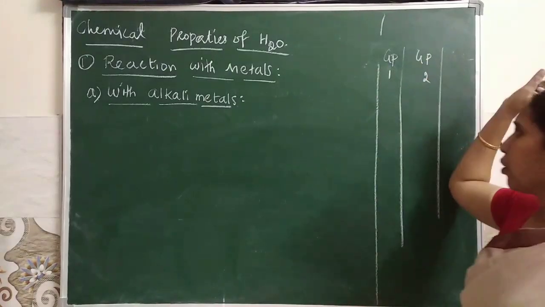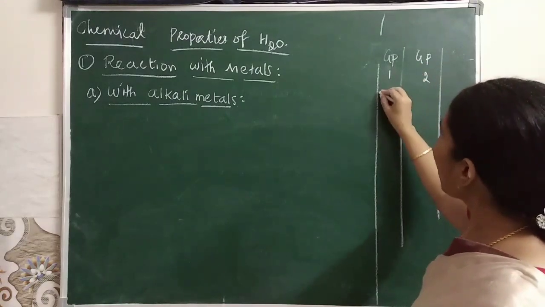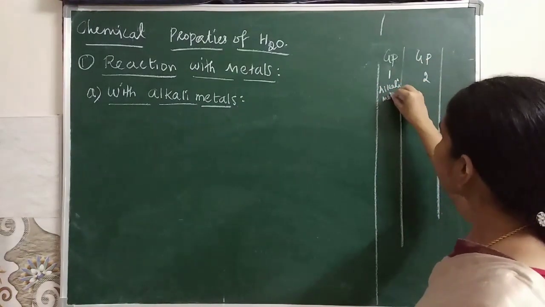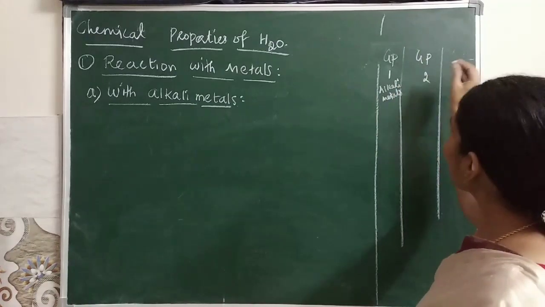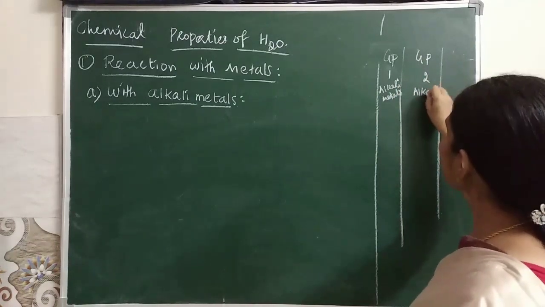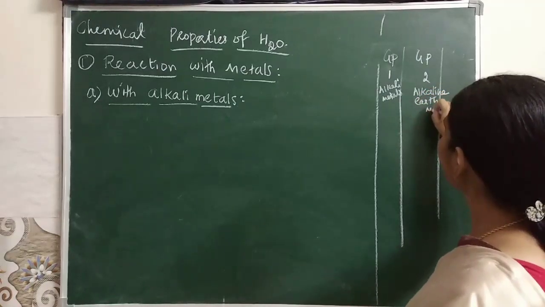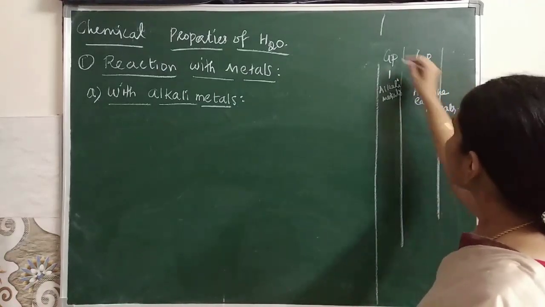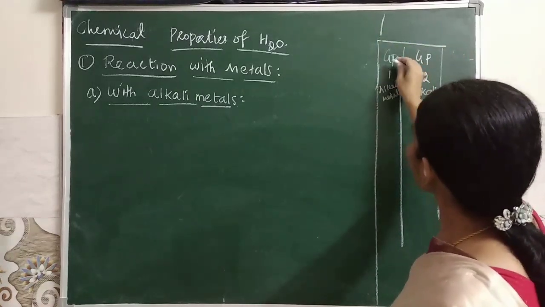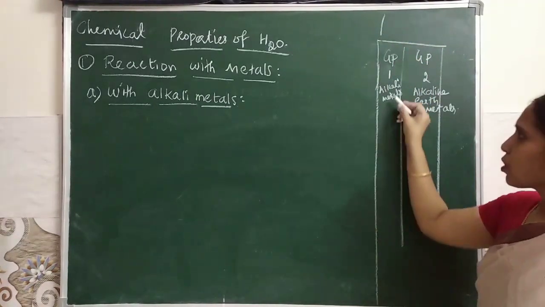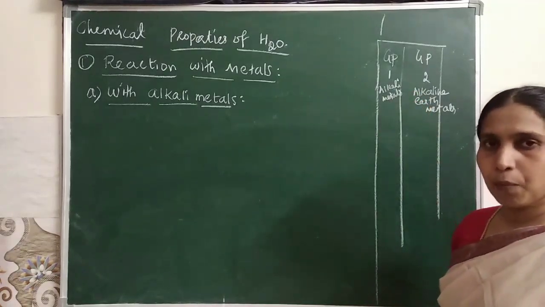So group 1, group 2 elements. Group 1 elements are called alkali metals. Group 2 elements are called alkaline earth metals. What are the elements in group 1?